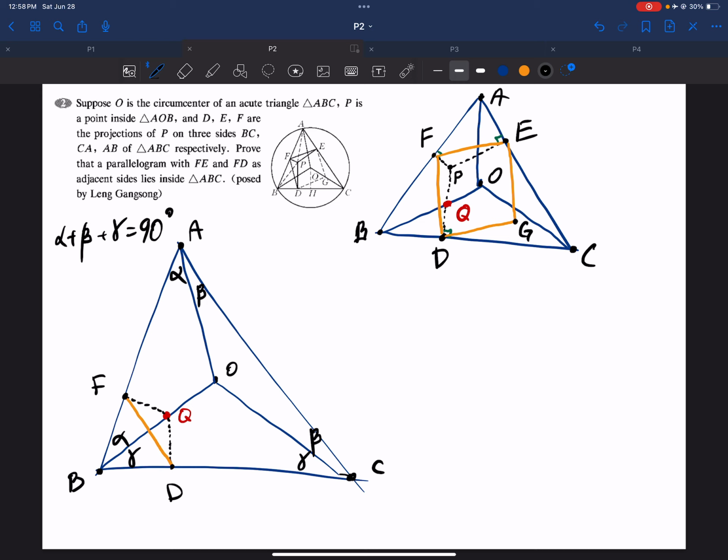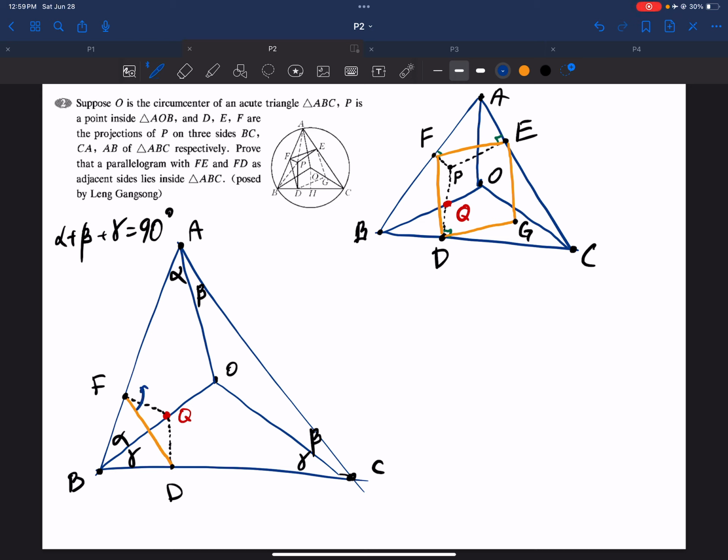Now let me also, I see what to do. Let me call this angle X, and this one Y. Okay, so this is X. It's too small, sorry. Let me do it like this.